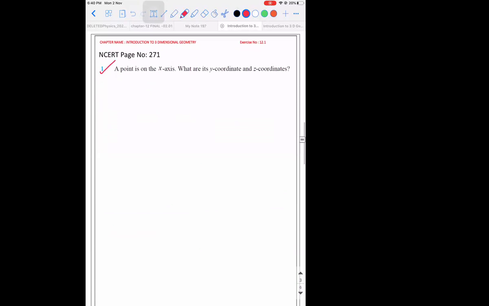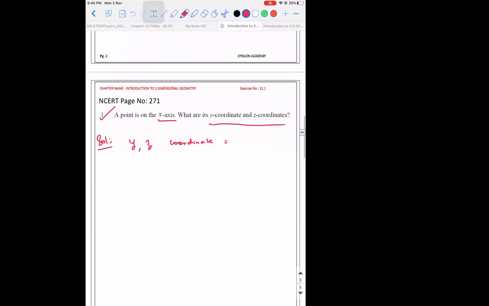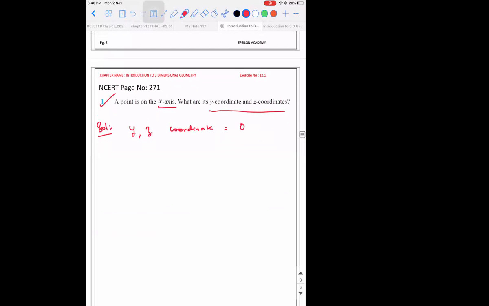So next one. There is a point that lies on x-axis. What are the y and the z coordinate? I just now told you. Any point lying on x-axis, y comma z coordinate will be 0. Any point on y-axis, X and Z coordinate will be 0.